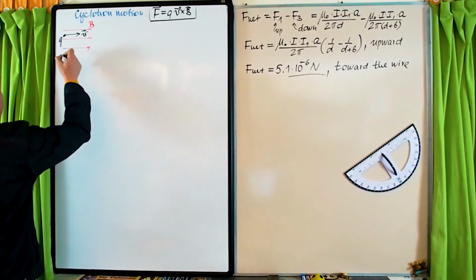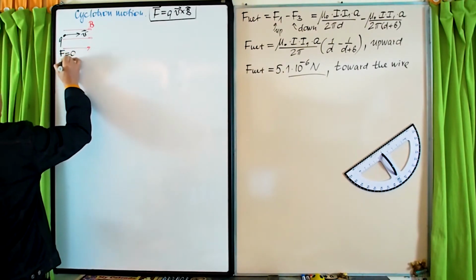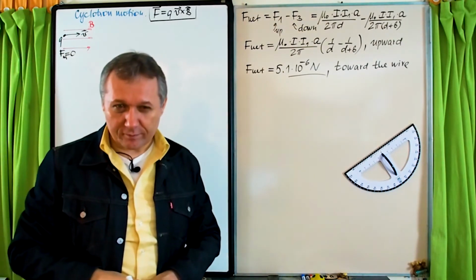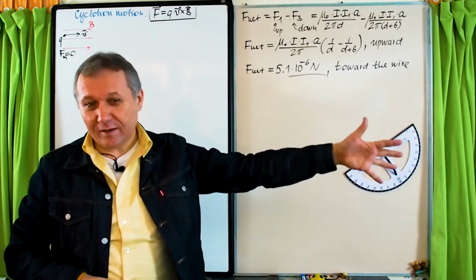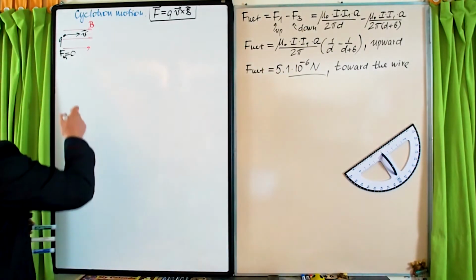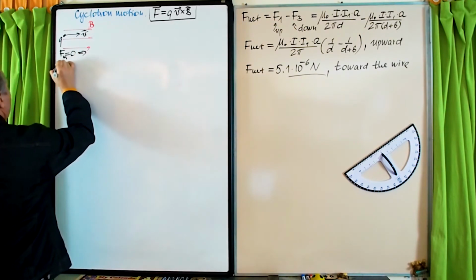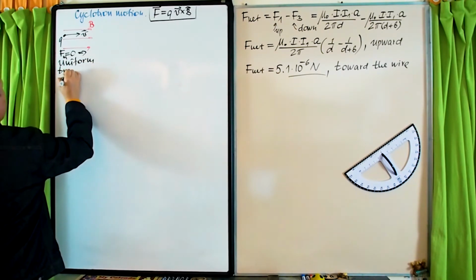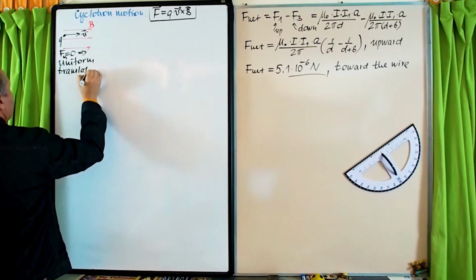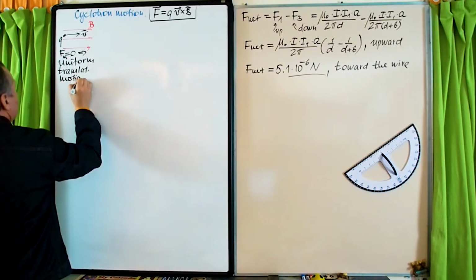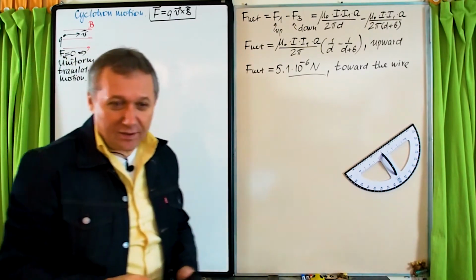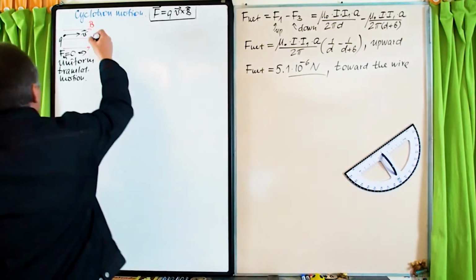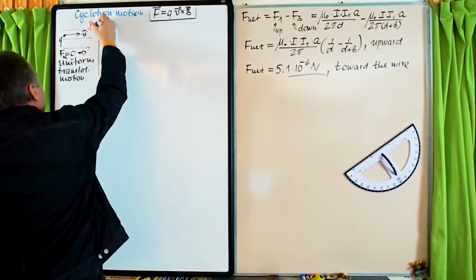F equals 0, and as a result we have uniform translational motion along the same line with the same speed. It's a boring case, nothing interesting over here, but we need to mention it. Now let's move to the next situation.